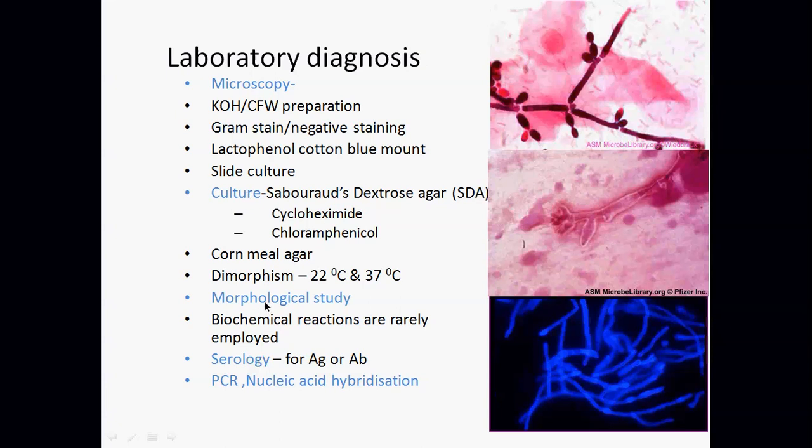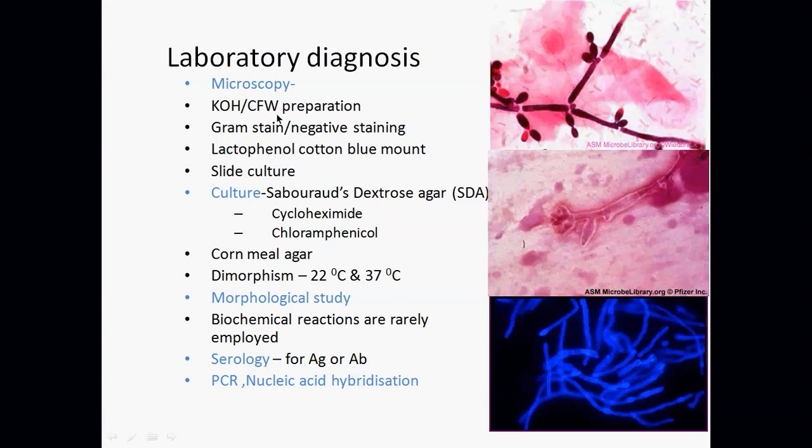We can do their morphological study and go for serology along with a few higher, molecular investigations. Coming to the first, that is microscopy, for fungi we have different staining techniques: KOH preparation and calcofluor white preparation. We will go to the details of these two.